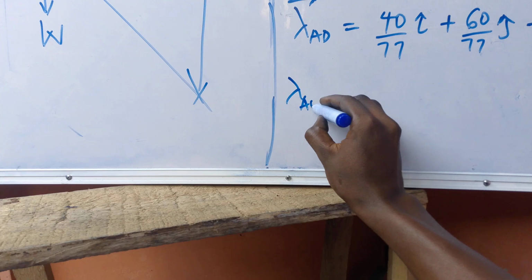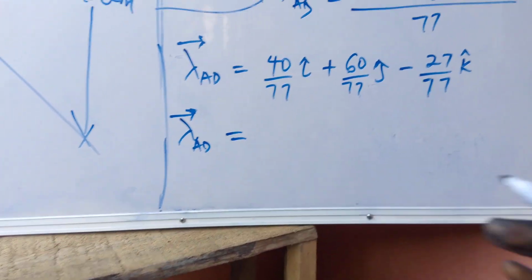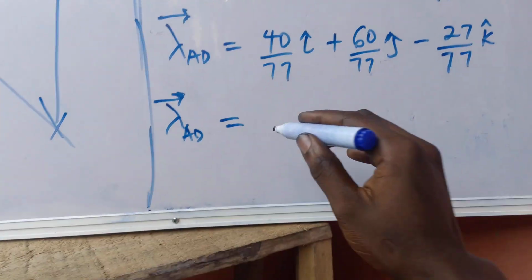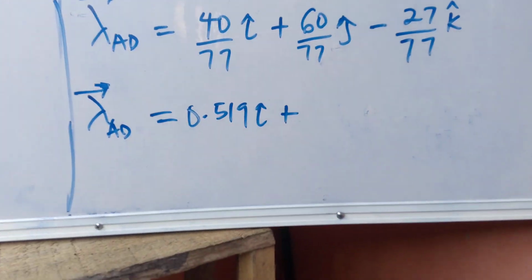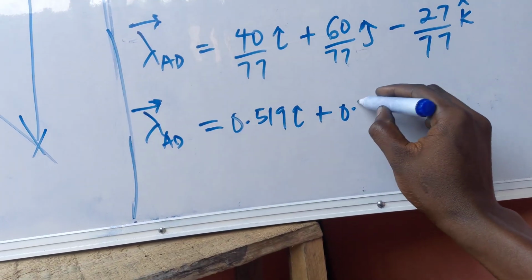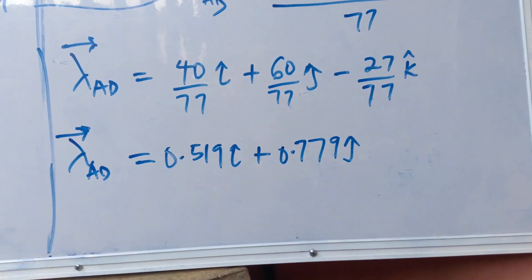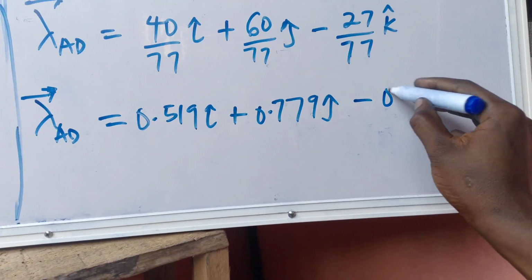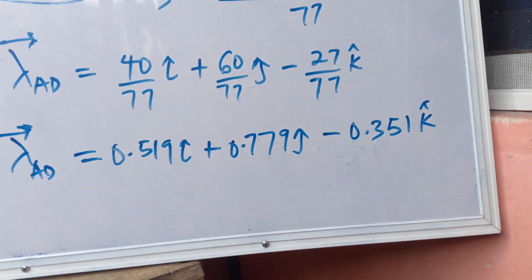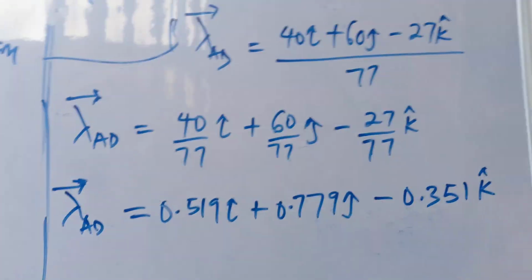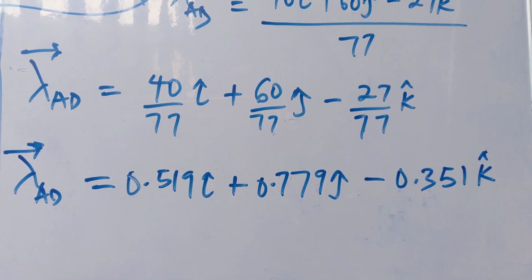If I divide that, I have 0.519i plus 0.779j minus 0.351k. When you use a scientific calculator, you get that quickly.